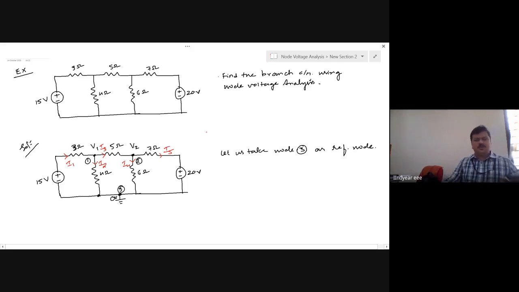I5. Arbitrarily, there is no compulsion that I3 should be leaving the node. I3 can enter, I2 can also enter. You need not worry. Even if you take all the currents entering the node, it's fine. Even if you take all the currents leaving the node, it's fine. There is no compulsion that KCL has to be satisfied at each node.